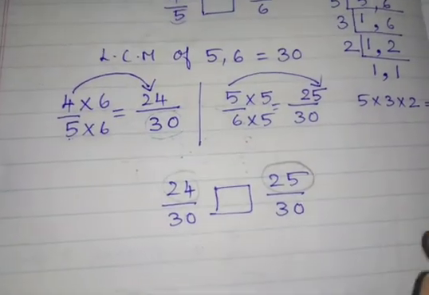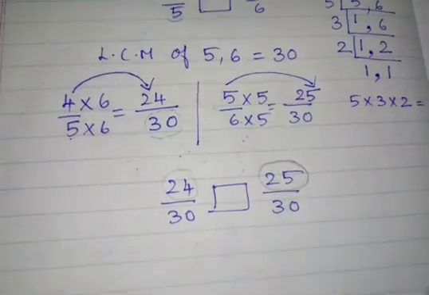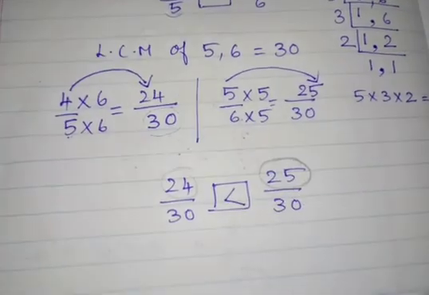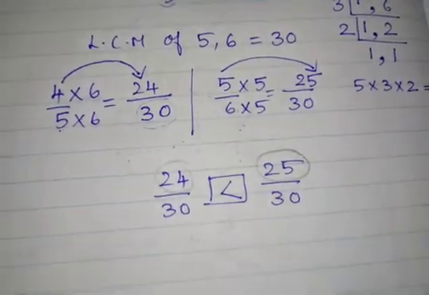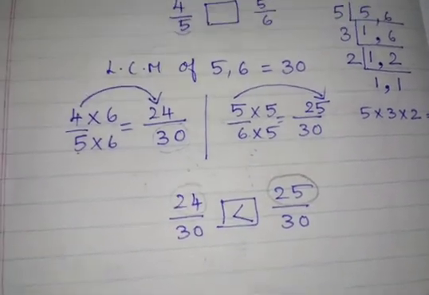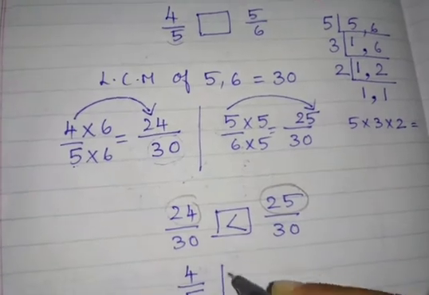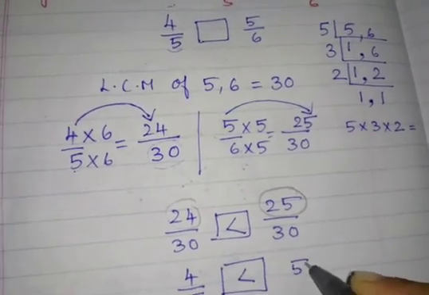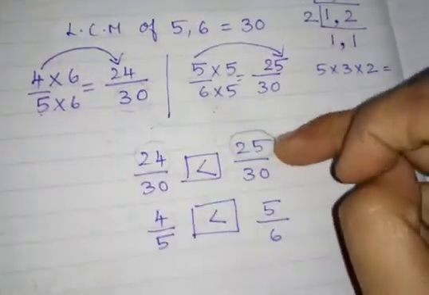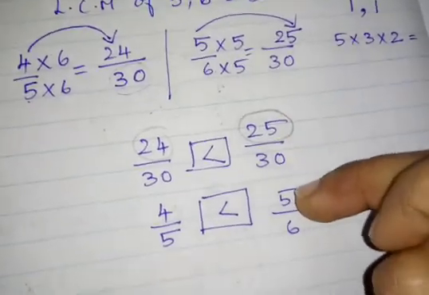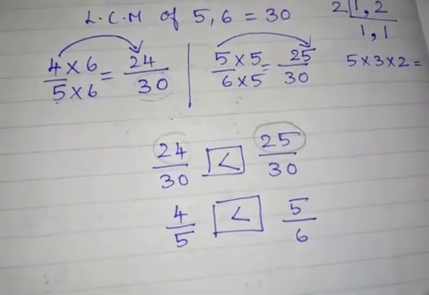So in this, which is greater? 25 is greater. So obviously 25 by 30 is greater than 24 by 30. So can we write the conclusion? 4 by 5 is less than 5 by 6, because since this fraction is greater, 5 by 6 will be greater than 4 by 5.